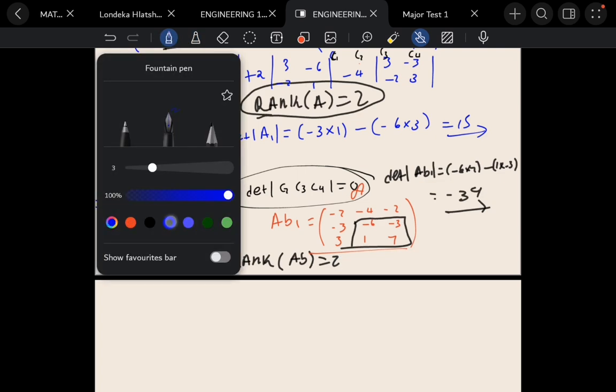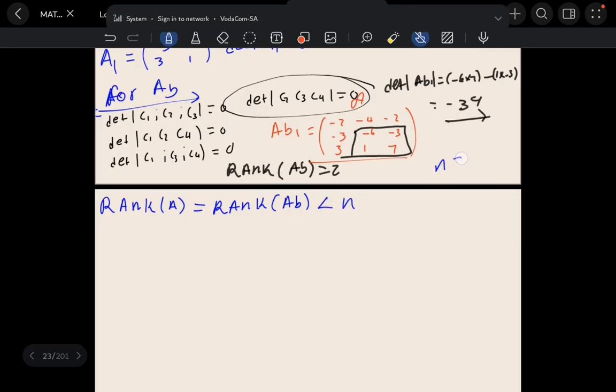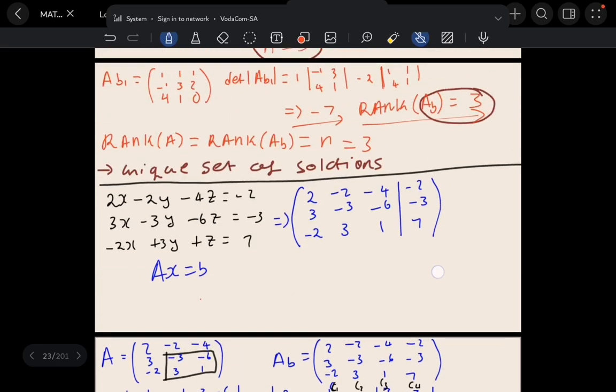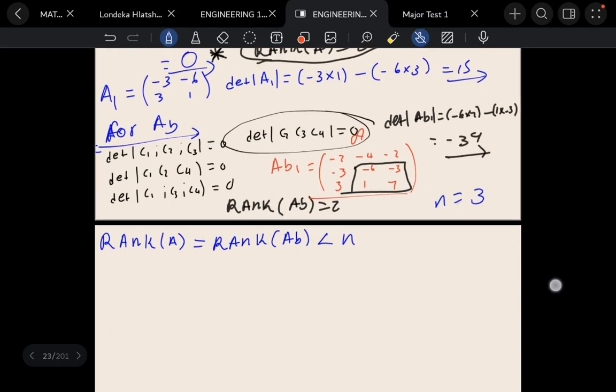How can we conclude? We will just say the rank of A is equal to the rank of AB, and this is less than n. Remember, n is the number of equations. How many equations do we have? We have 3 equations, so n is 3.